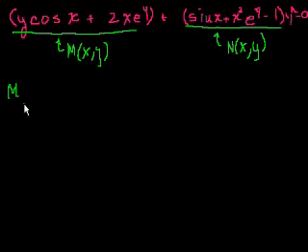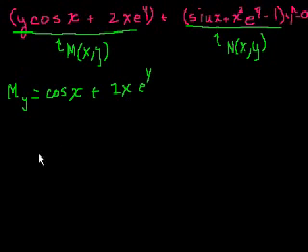The partial of m with respect to y is equal to, let's see, this cosine of x is just a constant, so it's just cosine of x plus. Now, what's the derivative? Well, 2x is just a constant. And what's the derivative of e to the y with respect to y? Well, it's just e to the y, right? So we have the constant on the outside, 2x times the derivative with respect to y, so it's 2x e to the y. Fair enough.